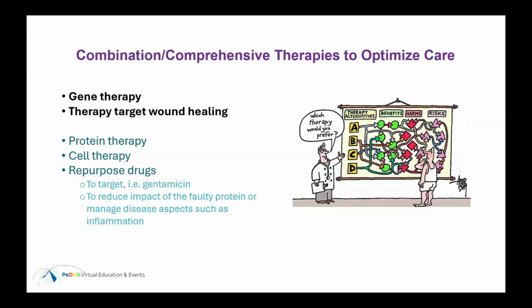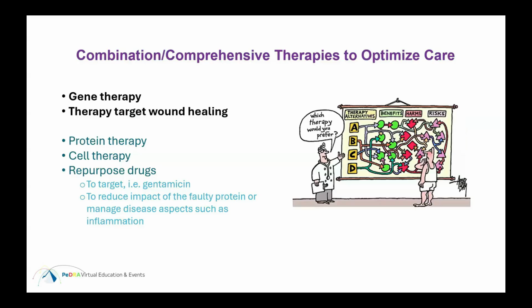And aside from the gene therapy and wound-targeted therapy just mentioned, additional treatments are still in development because there are still a lot of unmet medical needs, as you can tell. So there are protein therapy and cell therapy.